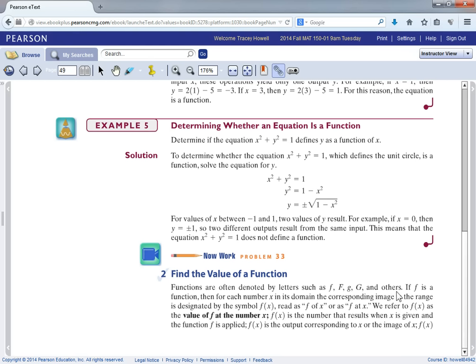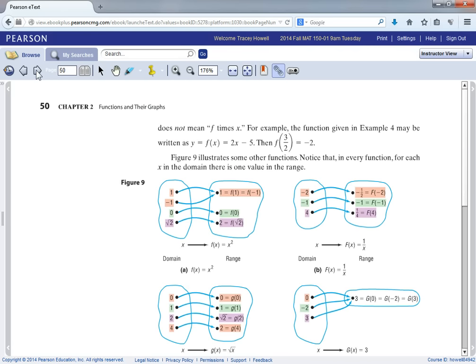There's nothing special about the f and the x. That's just the one that we tend to use a lot. Okay, it's read the value of f at the number x. And so whenever you see something that looks like this, it's saying when x is 3/2, tell me what the y value is.